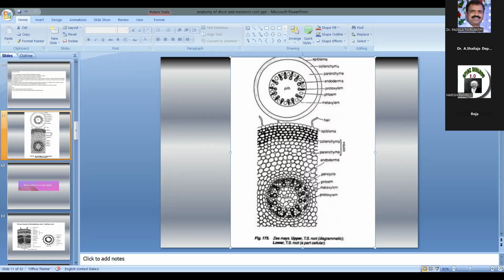Coming to the hydrophyte roots, air chambers are there in the cortex region. Please remember that, that is a special character. In Beta vulgaris, we observe that several rings of accessory cambium arise concentrically.